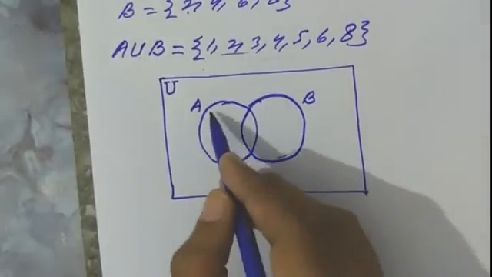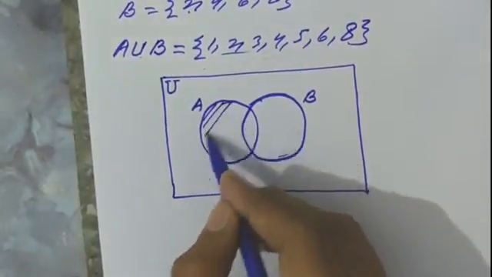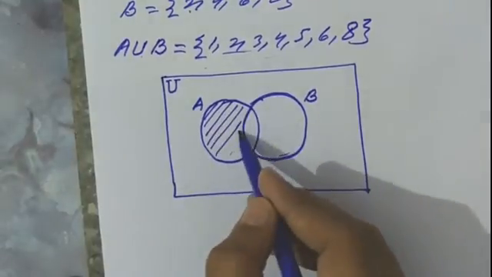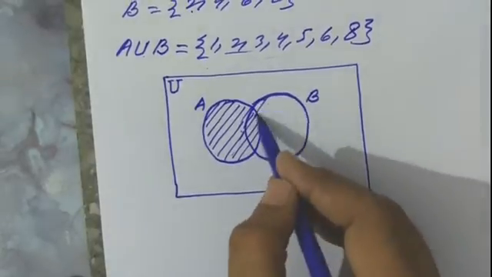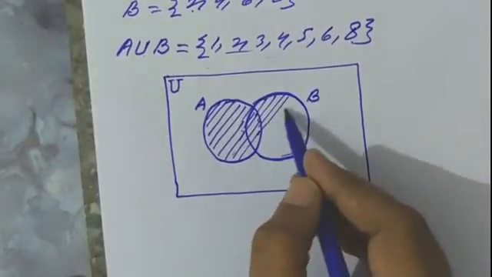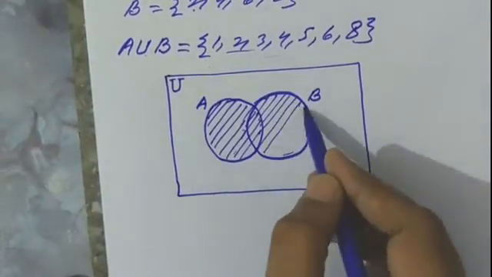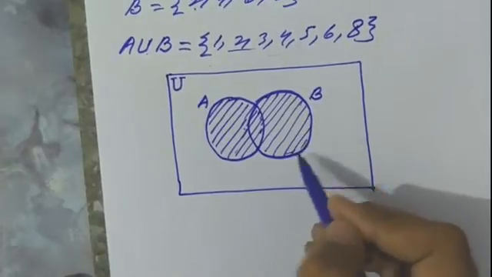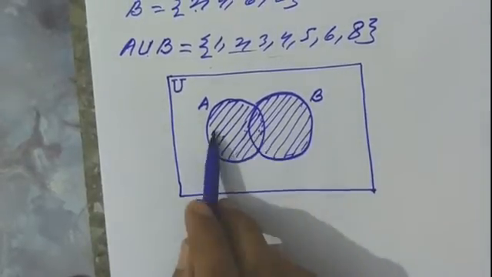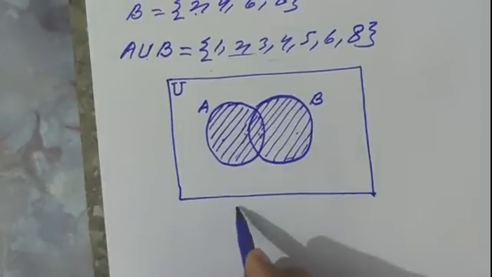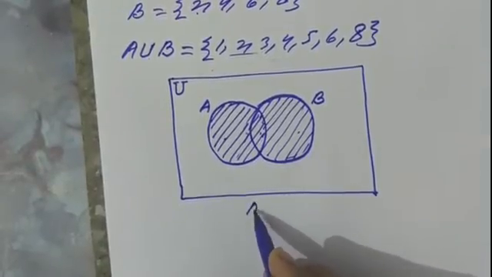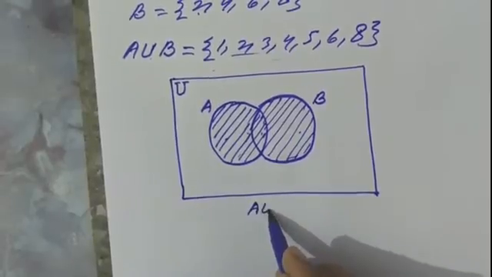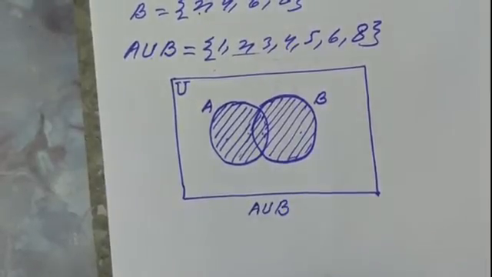So the whole space, common or uncommon, should be included to represent the operation union. So we have taken the common and uncommon portions. This is the diagrammatical representation of A union B.